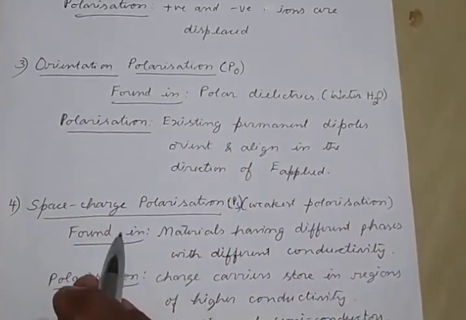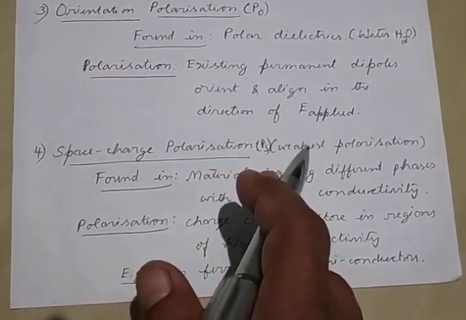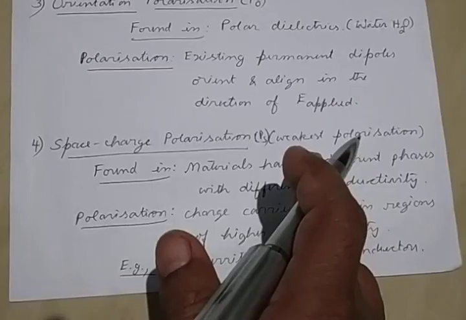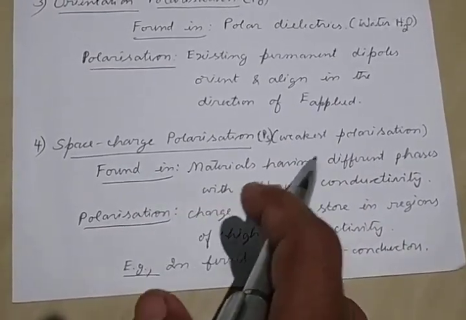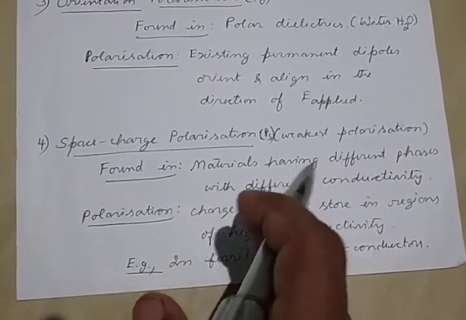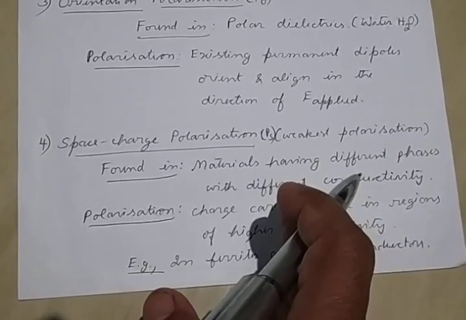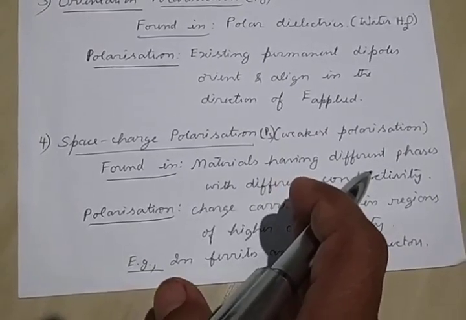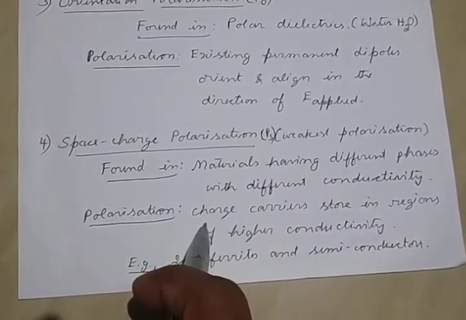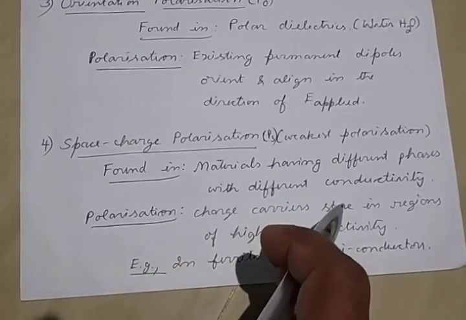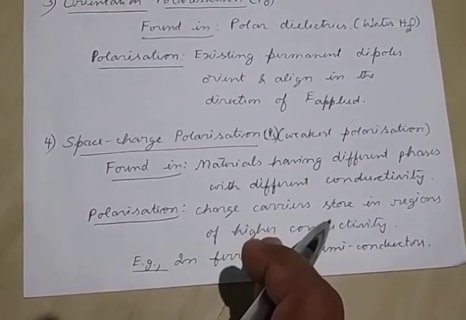The fourth type is the space charge polarization. It is the weakest type of polarization that happens in a material. It is found basically in materials which have different phases with different conductivity. So in the same material there will be different regions with different values of conductivity. When the electric field is applied, the charge carriers store in regions of higher conductivity, that way leading to the polarization in the material.